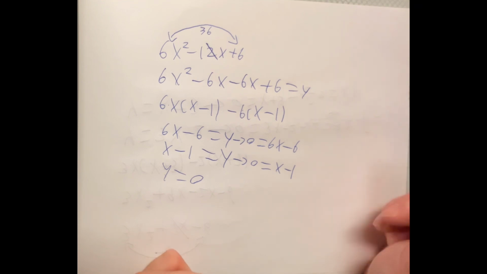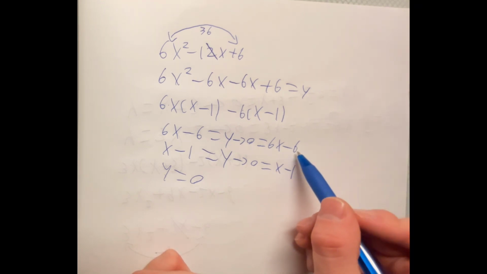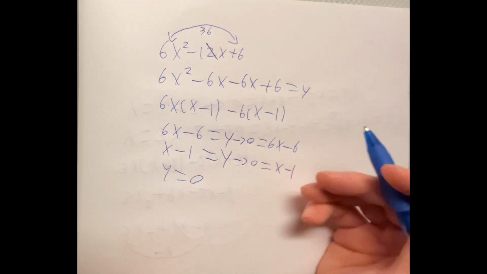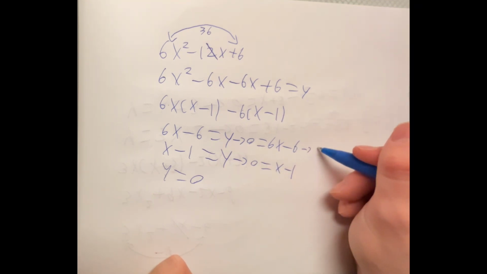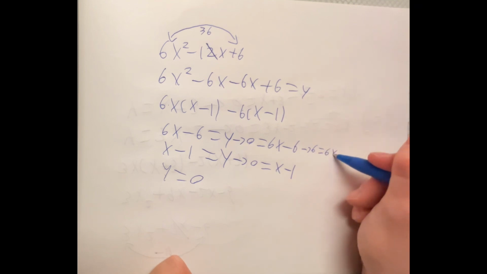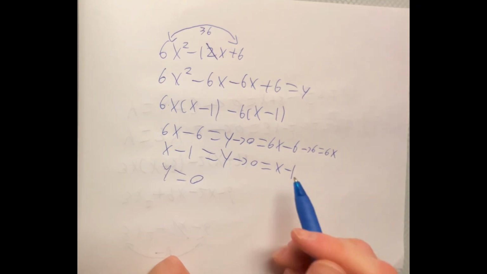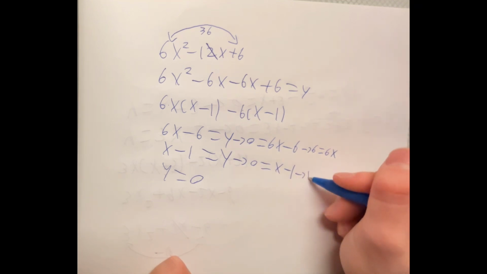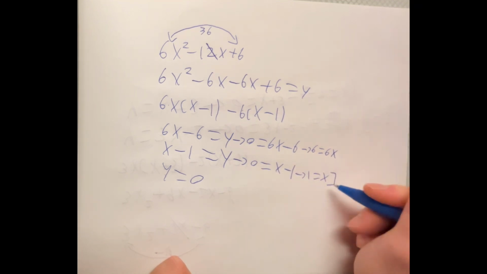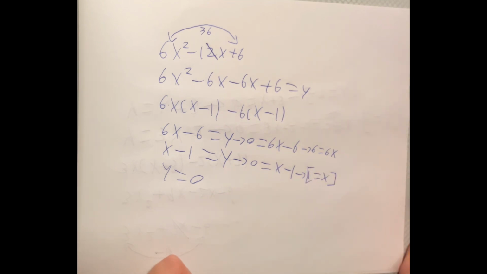And now to solve for this one, we're going to have to bring the -6 over here. And as we know from our previous 2 examples, the sign would flip, and it would just be 6 equals 6x, just like that. Do the same for this side, and it's going to be 1 equals x. And that would be our first x-intercept, just like that.